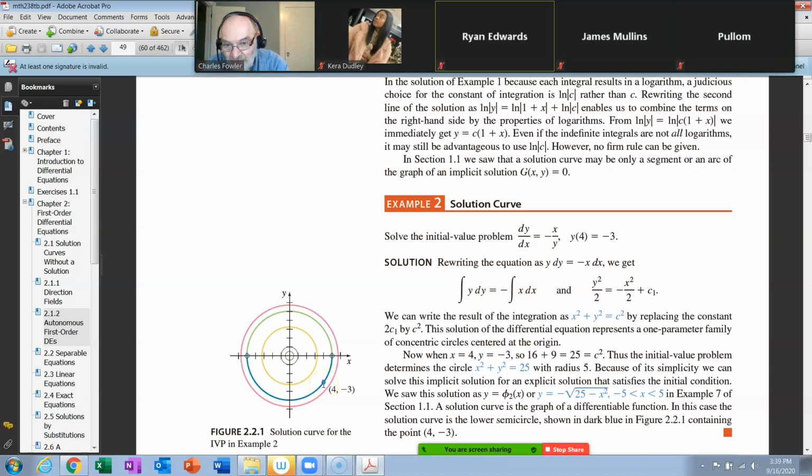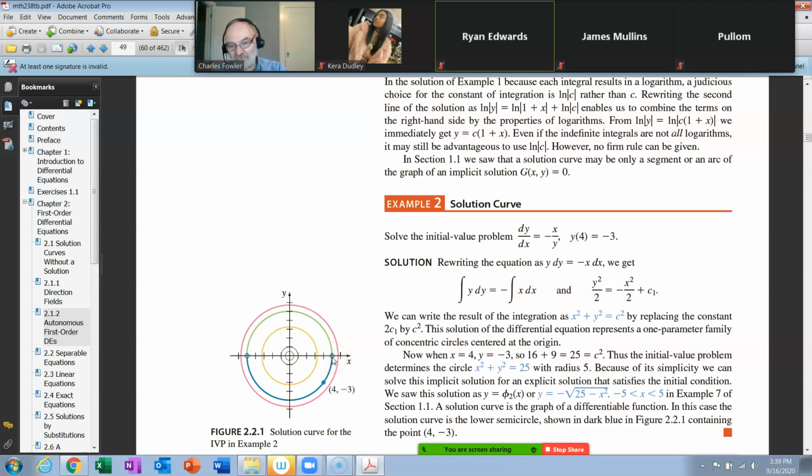So this is the semicircle where that's defined. Now, I didn't put the limits in there. I probably should have. They do, and the reason they do, and this is interesting, notice they put open circles at both ends of that. Why would you put an open circle there?